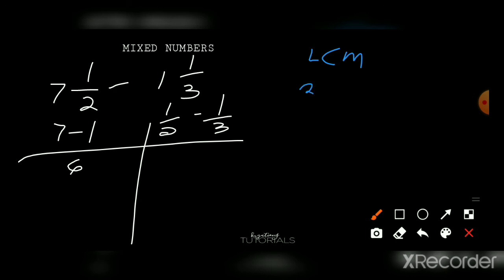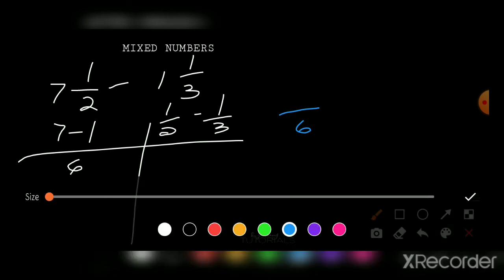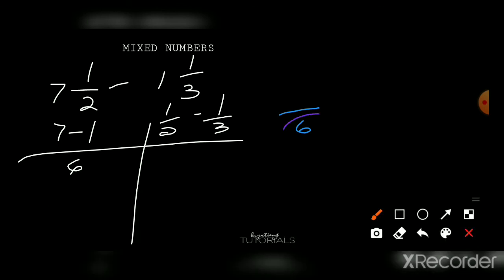Pangita ta: 2, 4, 6. Ang ila 3, 6. So 6 ang ilang LCM. Pasabot ang ilang LCD 6 pod. So this is 6. Okay. So 6 divided by 2, 3.